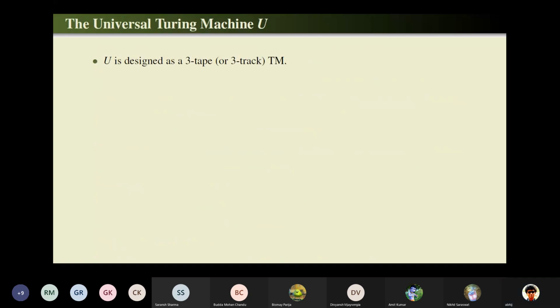Given M and X, but more precisely given the encoding of some Turing machine M and an input string X for M, U will simply simulate the working of M on X. But the difference from earlier examples is that this description of M and X now appears on the tape of this universal Turing machine.